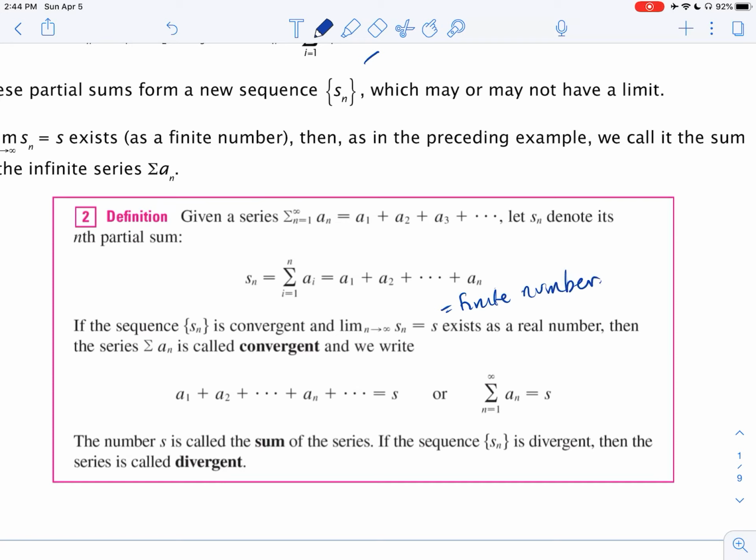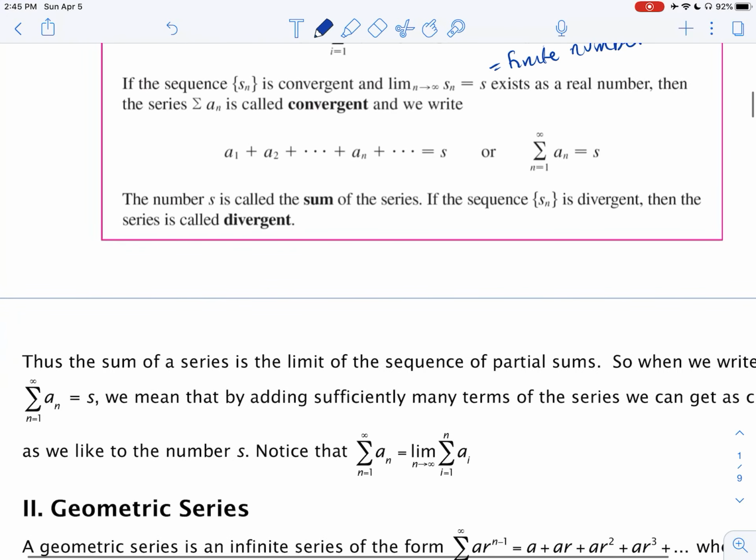Make sense? So now you understand that in order to understand the definition of a convergent series, you need to know the definition of a sequence, and that is why we studied sequences and the limit of a sequence in section 11.1.